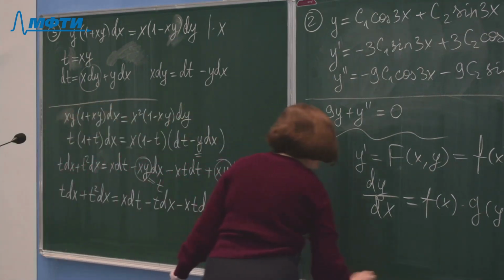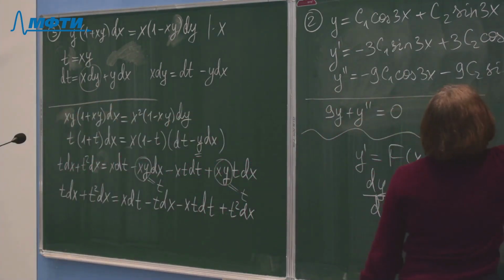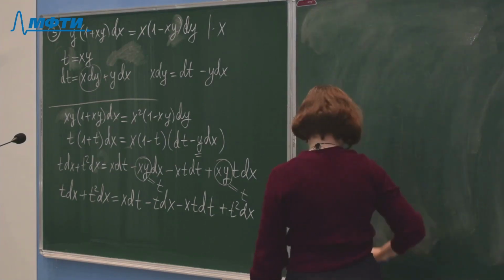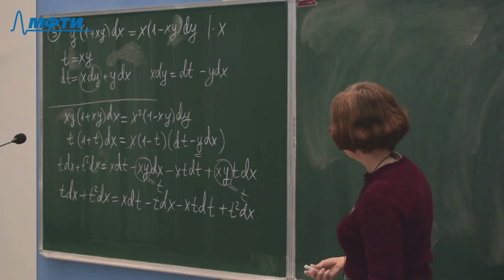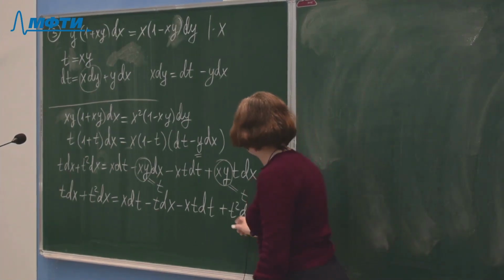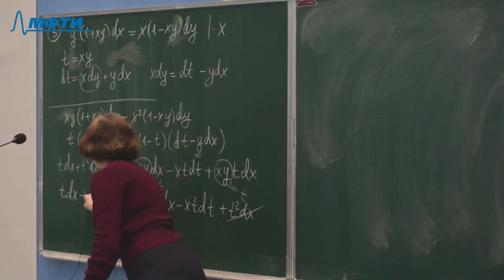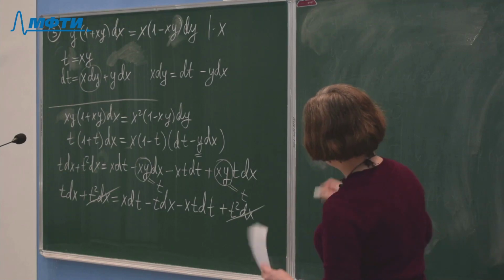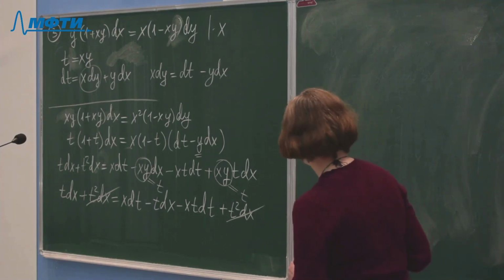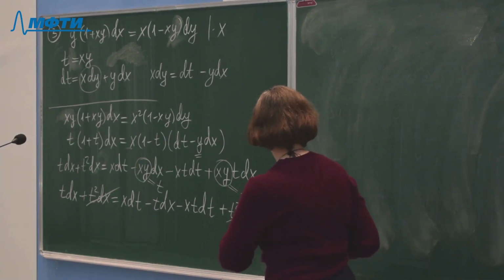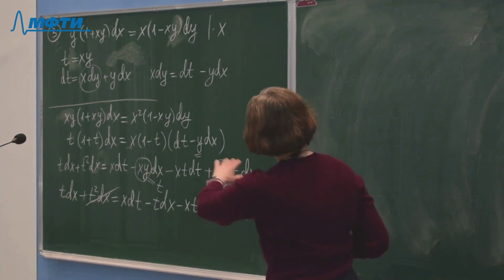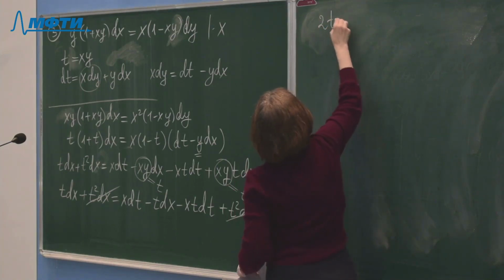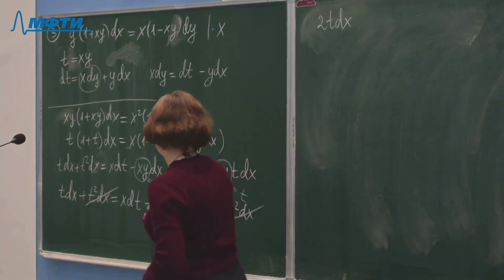Okay, now look at this equation. We can cancel out similar terms, right? And let's just move all the terms to the left-hand side, and we will get the following: 2t dx, right?